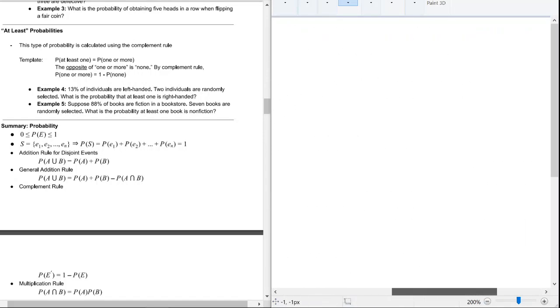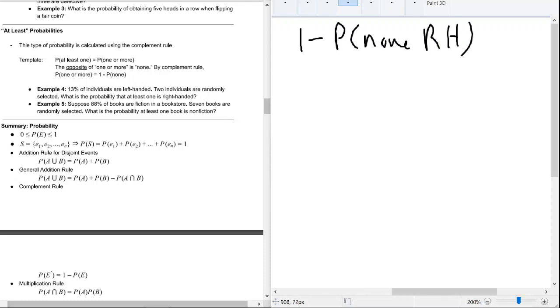Okay, so let's take a closer look at this piece right here. Okay, so let me rewrite this up here. We have 1 minus the probability that none are right-handed. So go back to the problem. Notice in example 4, we selected 2 individuals at random. So if none of those 2 are right-handed, what must they be? If none are right-handed, they must both be left-handed. Is that right?